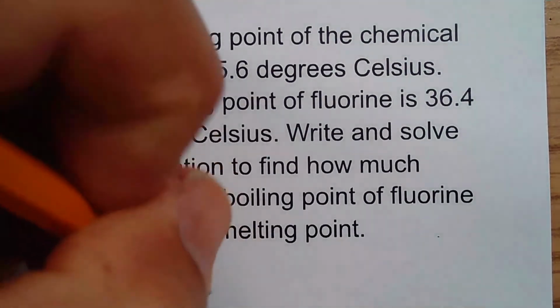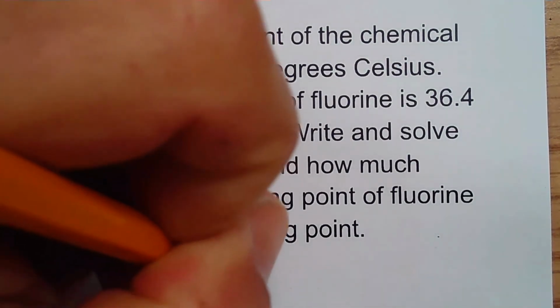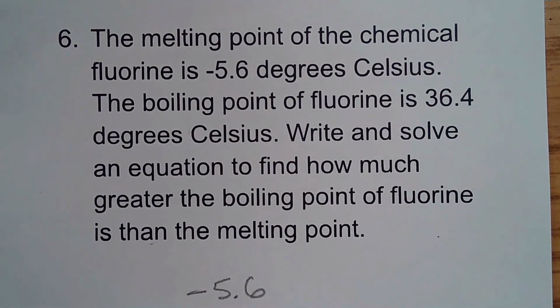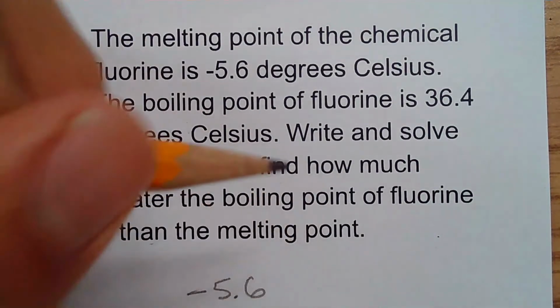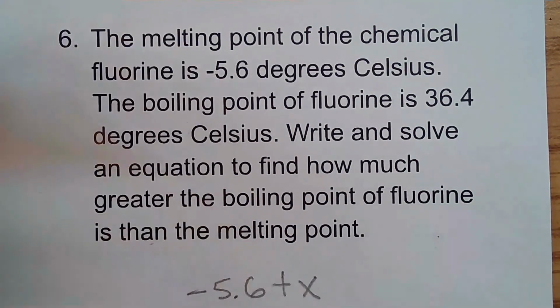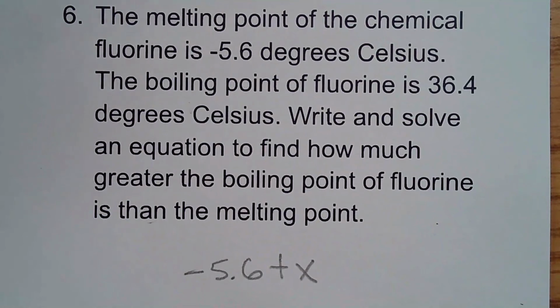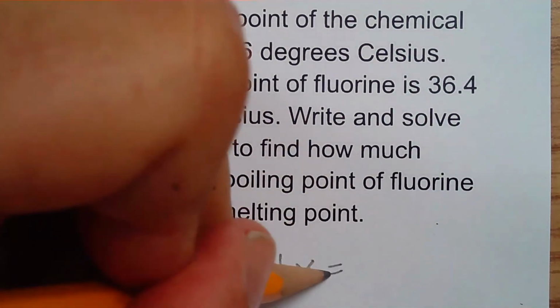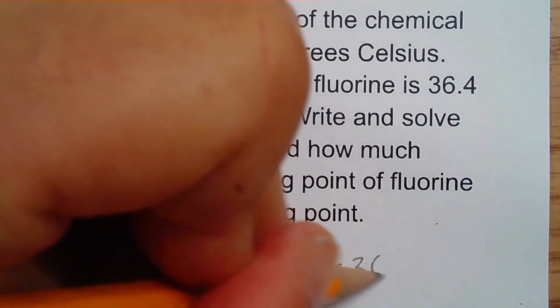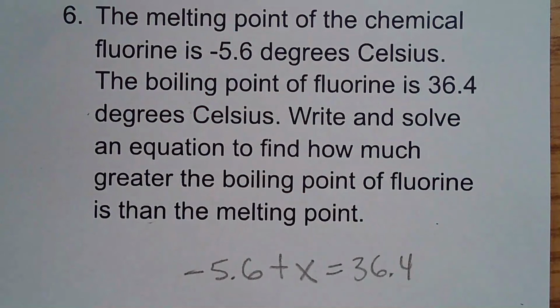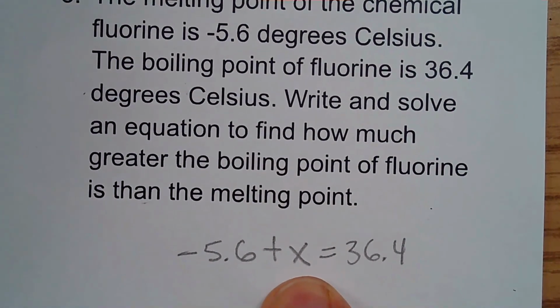So the melting point is negative 5.6 degrees, and how much warmer? So we have to add some temperature here to get to 36.4 degrees Celsius. So that's the melting point, and you add some temperature to it, and you arrive at the boiling point, which is warmer.